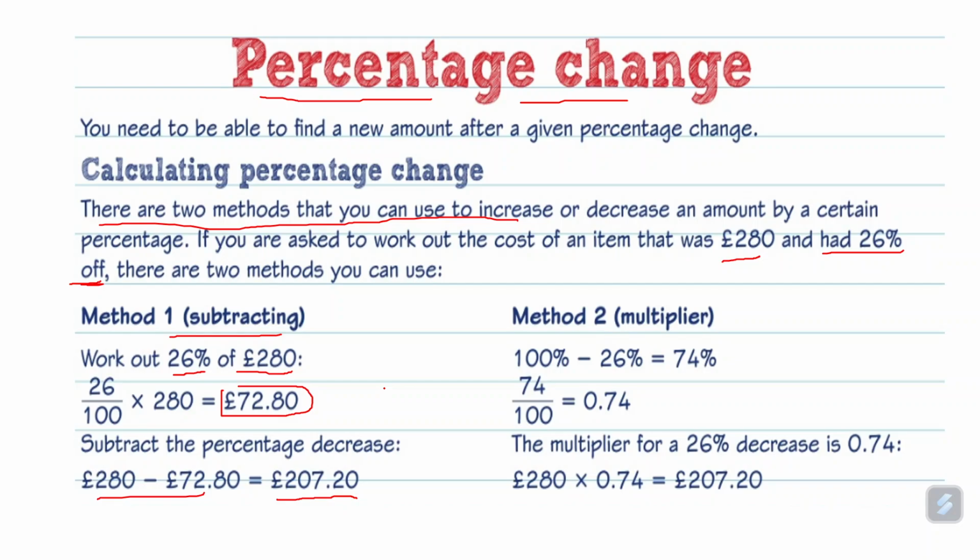Or better still, since we are told 26% is taken off, what you just need to do is to subtract the percentage from the original percent, which is 100. Because in this case, we assume the original item is equal to 100%.